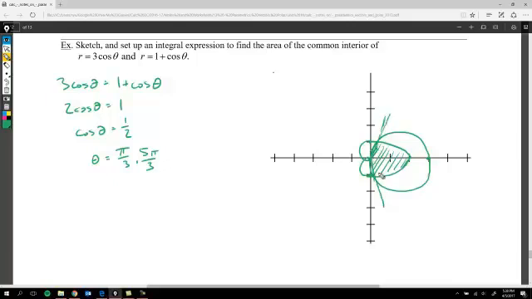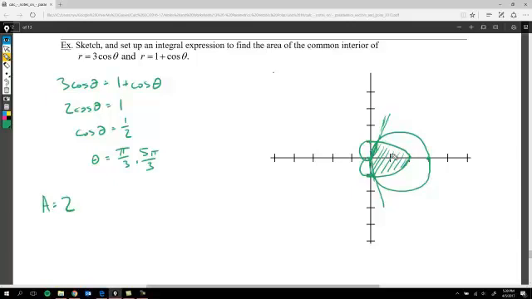It would be kind of hard to see, but the area that they have in common is encompassed in my cardioid here, and also a little bit is outside the cardioid, or a little bit is outside this area here in the circle.